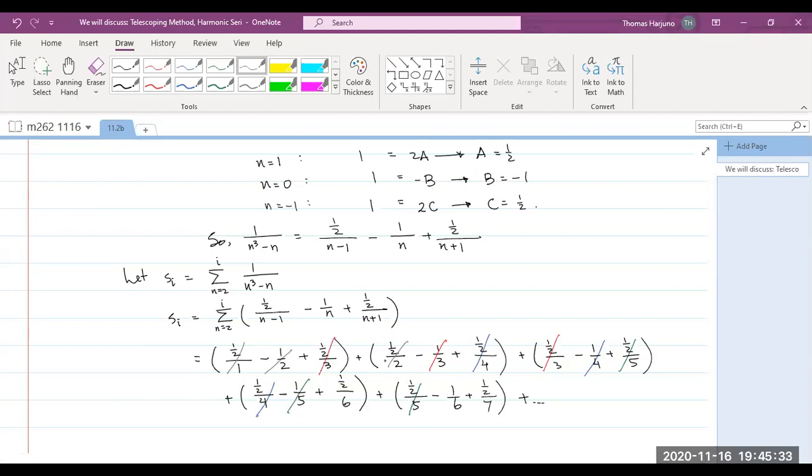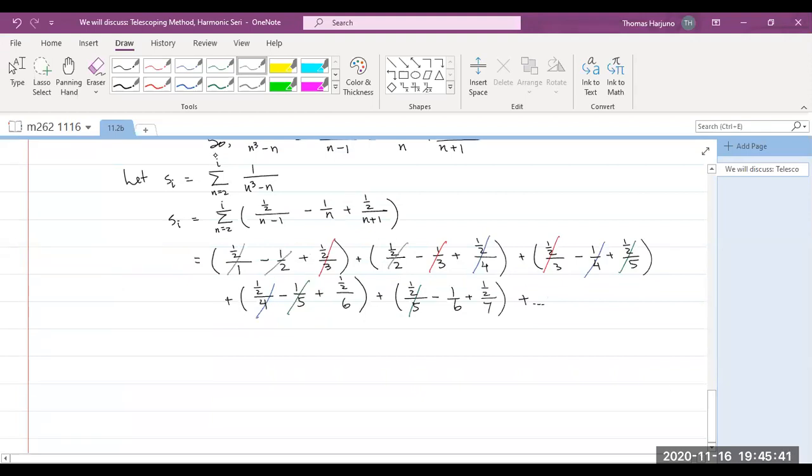See, right? So up to the 5th term, I think I need to go to the ith term. So that will be 1/2 over i minus 2 minus 1 over i minus 1 plus 1 over i, or 1/2 over i plus 1/2 over i minus 1 minus 1 over i plus 1/2 over i plus 1.